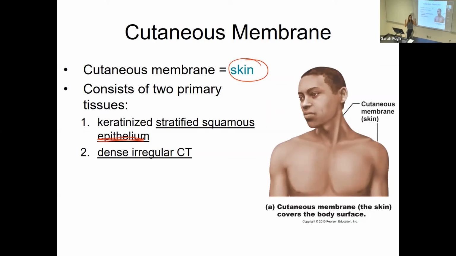Think of the functions. Simple epithelium is always involved in absorption, secretion, and filtration. Stratified epithelium is there for protection. It's nice and thick. So the first layer of your skin, your cutaneous membrane, is a stratified squamous epithelial tissue. It's nice and thick. It's there for protection.